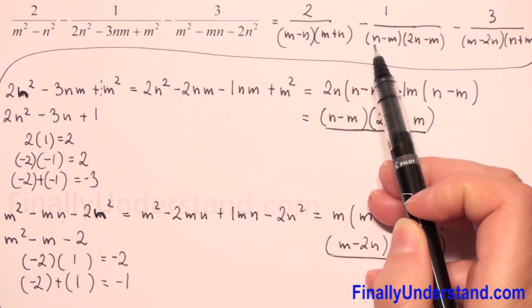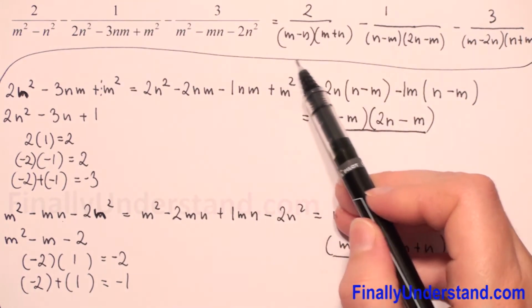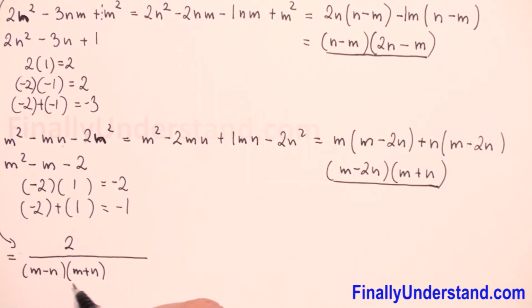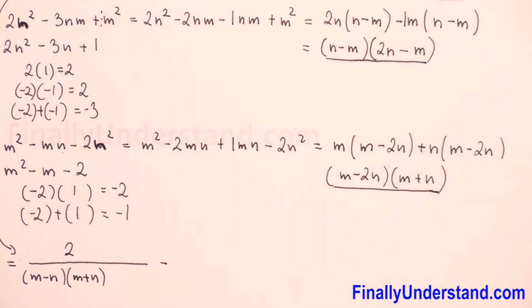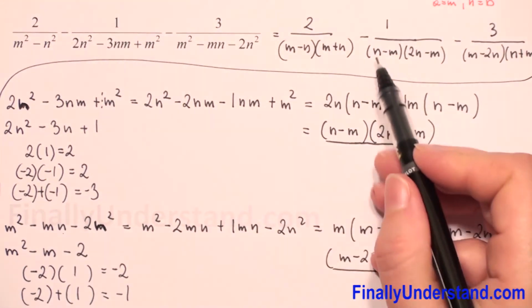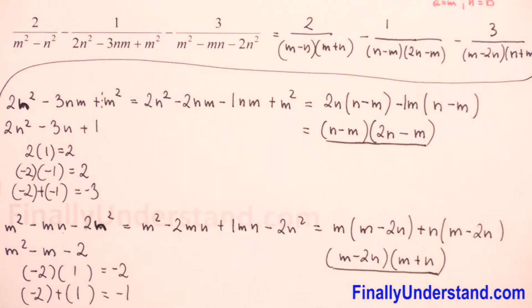We just change this to m minus n. So let me copy the first fraction. We have 2 over m minus n times m plus n. Next we have minus, the numerator we copy, 1, and now I will factorize the negative sign from this term.